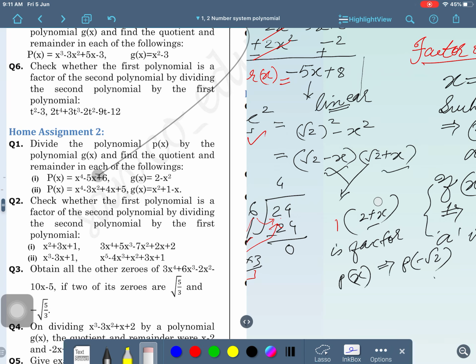This is clear: root 2 plus x is a factor of this. It shall give you 0. Is that clear, guys? Further, it can also be solved later.